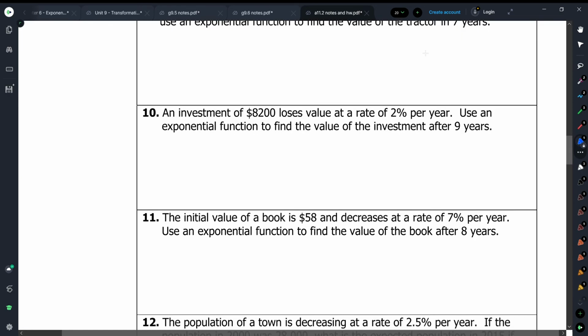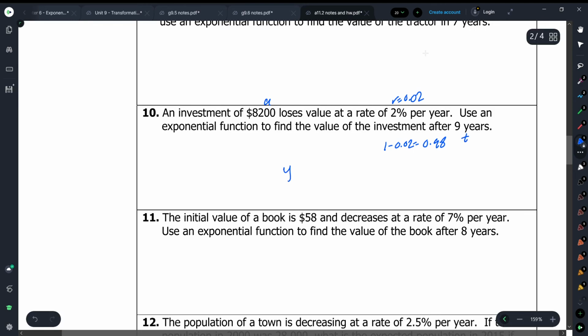Let's do one about an investment when we're talking about losing value. Okay, A is our initial value. Losing tells me it's decreasing or decaying. So my R is 0.02. 1 minus 0.02 is just 0.98. And my time is 9 years.